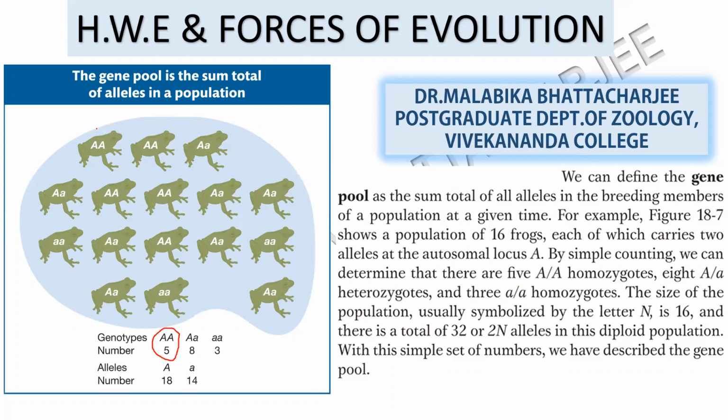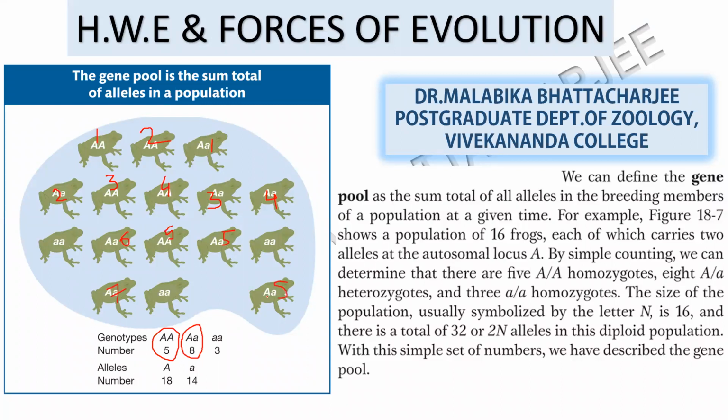So let's mark them: 1, 2, 3, 4, and 5. These are homozygotes for gene A, both having a copy of capital A. Next, we have 8 heterozygotes: 1, 2, 3, 4, 5, 6, 7, 8.